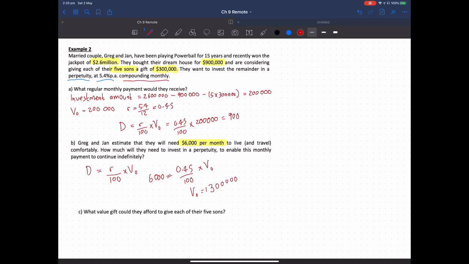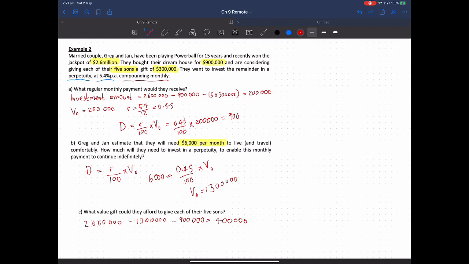So what we currently know is they have 2.6 million. They need to invest 1.3 million. And they need to spend $900,000 on a house. This leaves $400,000.